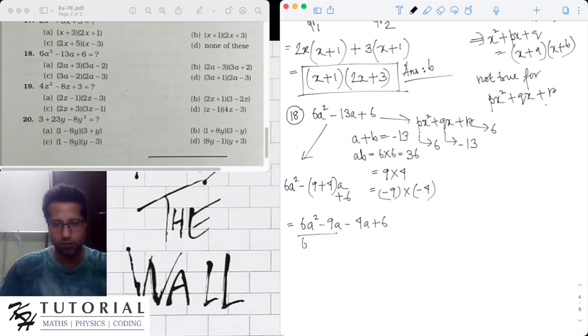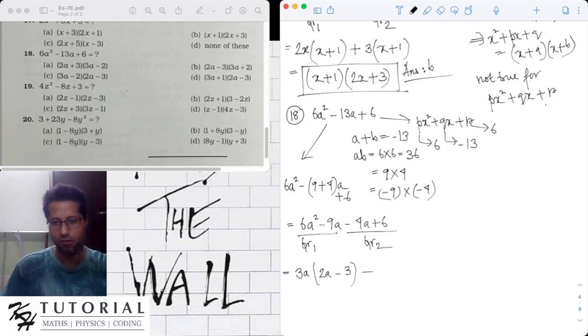Taking the first two terms forms group 1 and the last two terms form group 2, because I can factor out 3a from all the terms of group 1, and I get 3a multiplied by 2a minus 3.